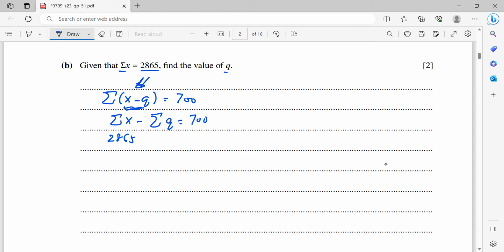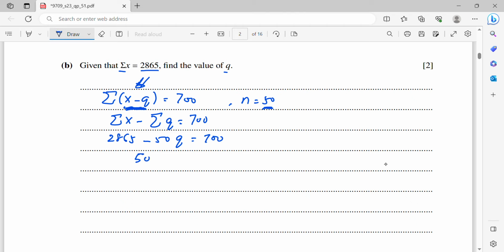Summation q means that you get the sum of q for 50 times, because our n equals 50. Which means this is 2865 minus 50q. Summation q is basically 50q, because you add this q for 50 times, because there are 50 x. So equals 700.